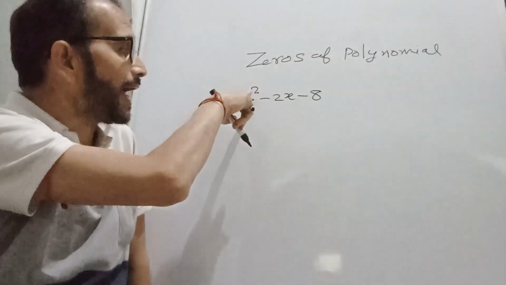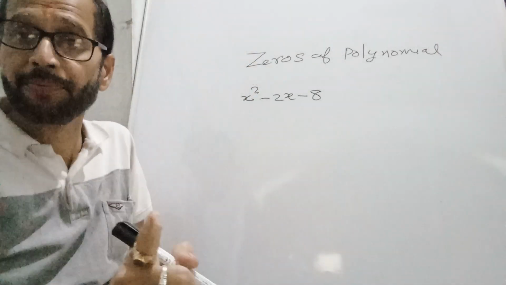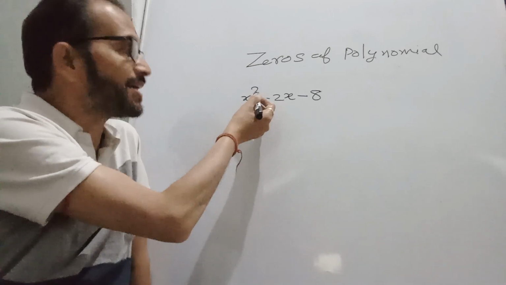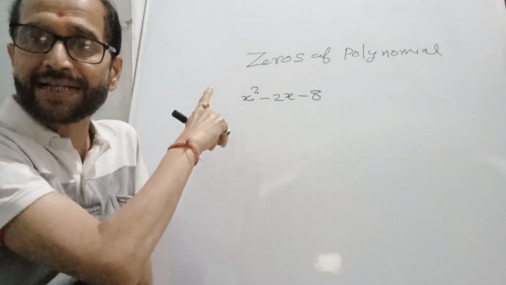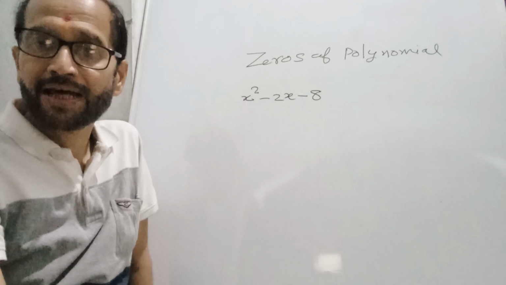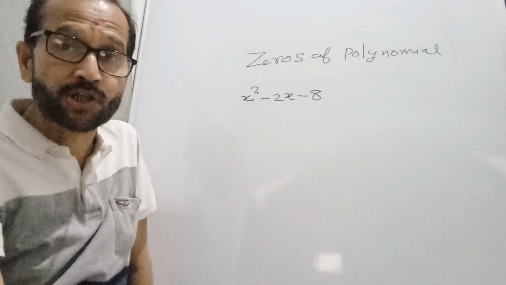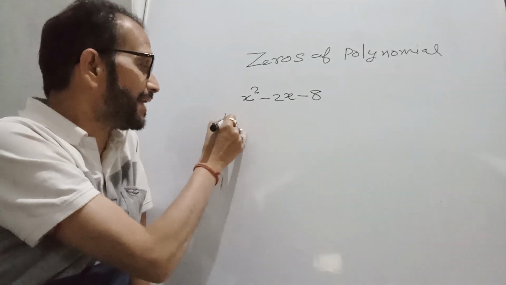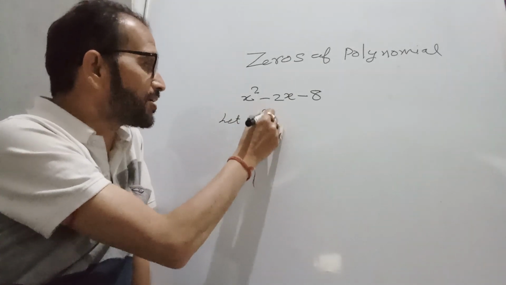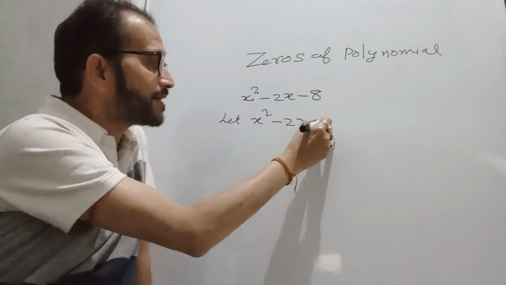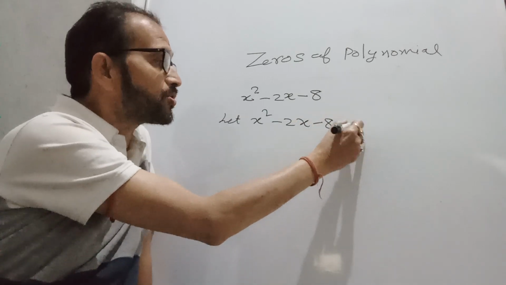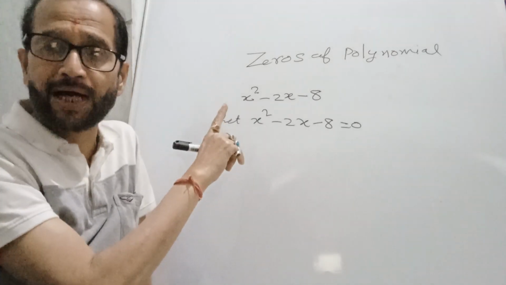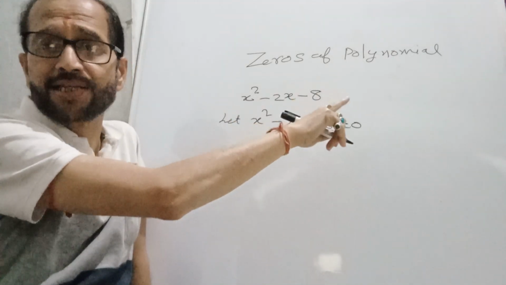This polynomial has 2 zeros, because the highest degree of the variable is 2. And to find out the zeros, first of all, assume that x square minus 2x minus 8 is equal to 0. First of all, you have to assume that this polynomial is equal to 0.